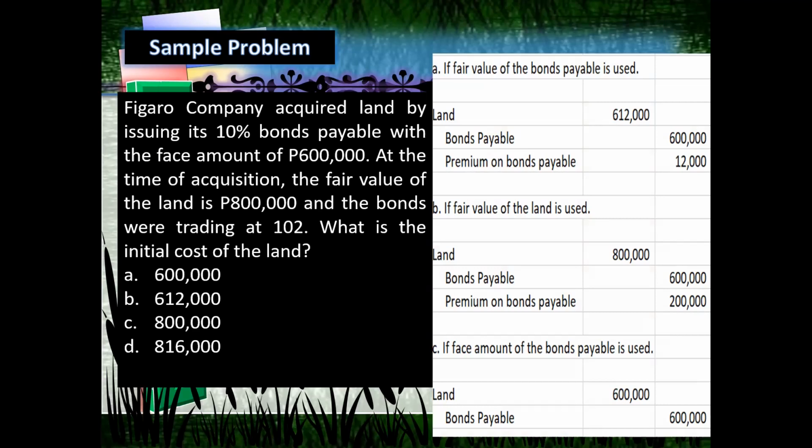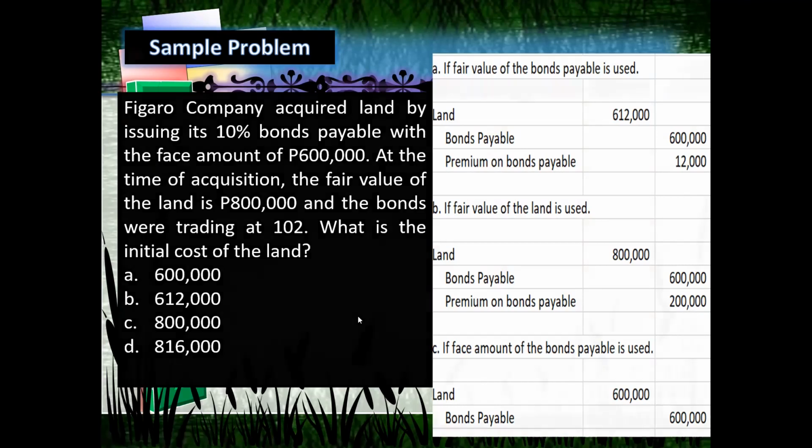So you are going to debit land at 800,000 and then credit bonds payable at 600,000 and then premium on bonds payable at 200,000. Now, kung wala talaga yung mga fair value na yan, mag-base na lang tayo sa face amount ng bonds payable. So simply debit land at 600,000, the face amount of your bonds, credit bonds payable.